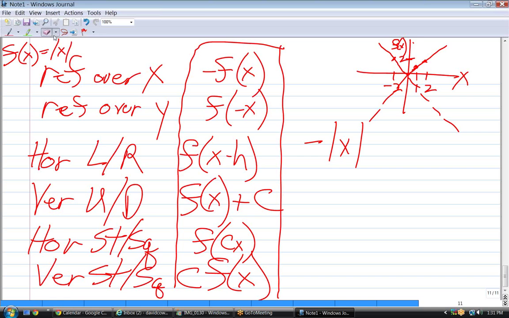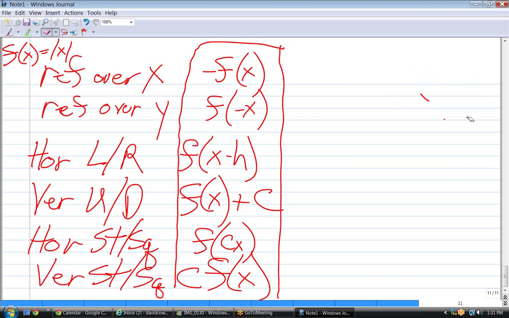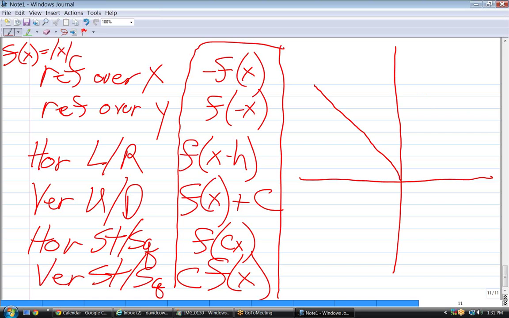In fact, here, let me do this a little different so we have a little more room. Notice that it has a slope of -1 to the left of the y-axis, and it has a slope of +1 to the right.